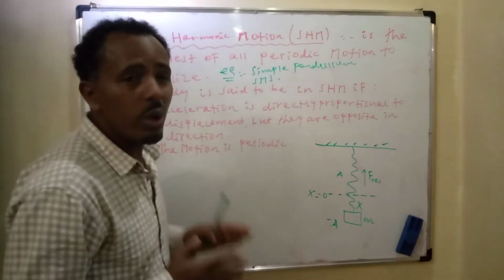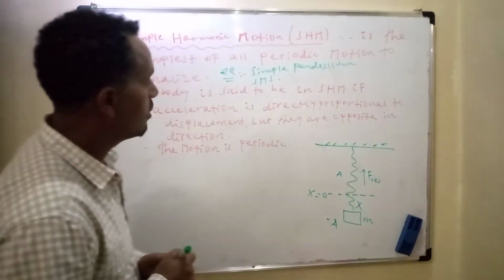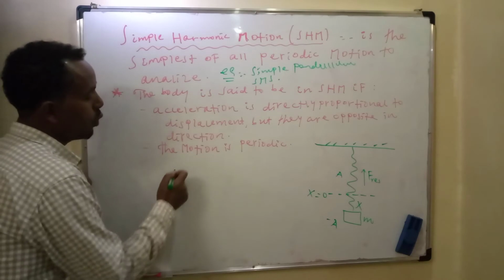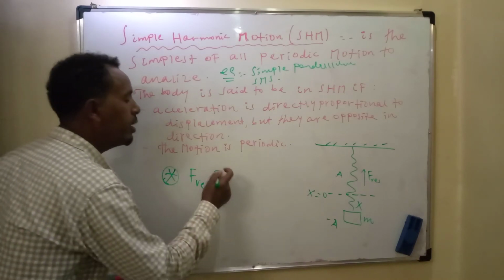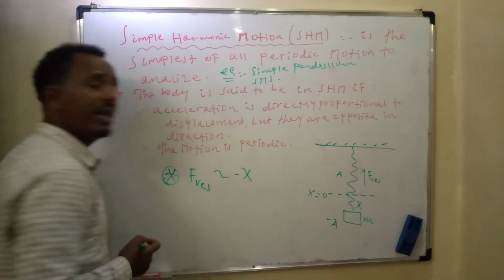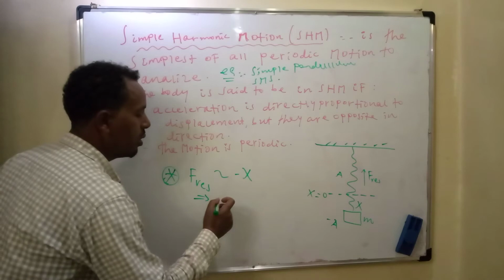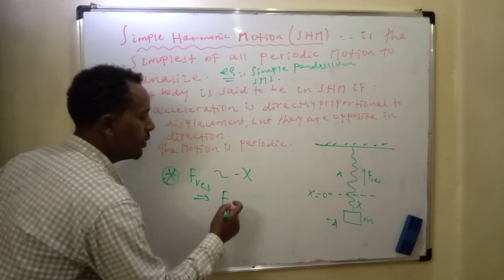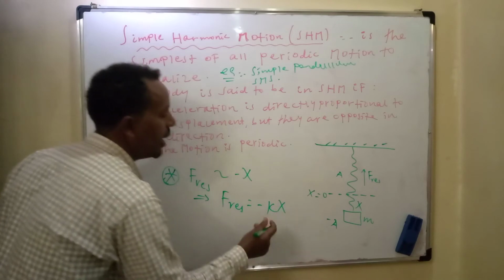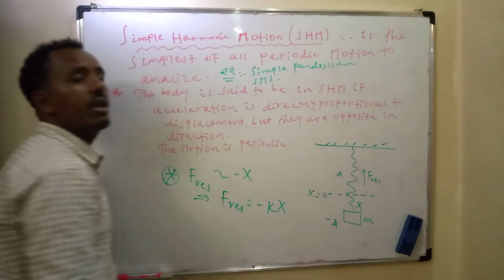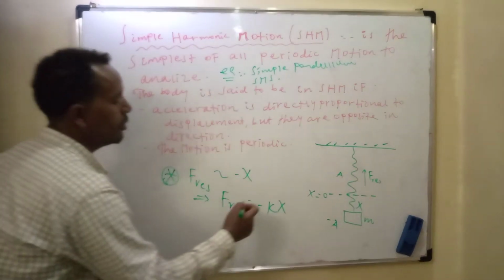The restoring force is always in the opposite direction to displacement. Therefore, from Hooke's law, restoring force is directly proportional to minus x. From this we have restoring force equals minus k times x, where k is the spring constant and x is extension or displacement.